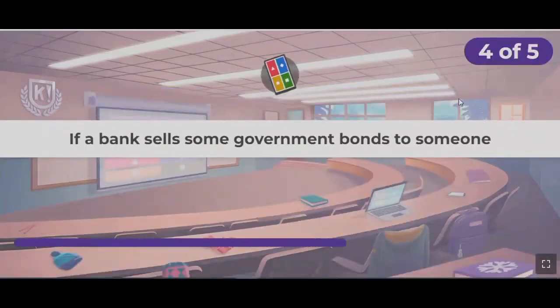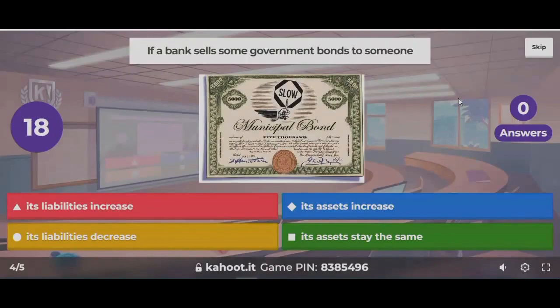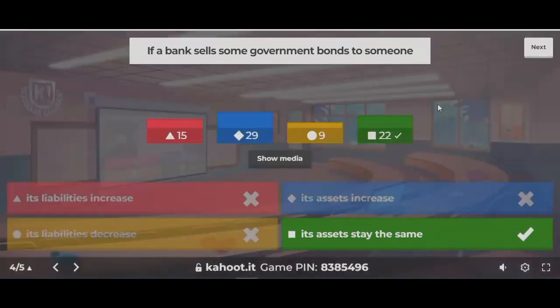If a bank sells some government bonds to someone, what happens? Do its liabilities increase or decrease? Or do its assets increase? Or do its assets stay the same? Its assets stay the same because it gets paid back in cash.